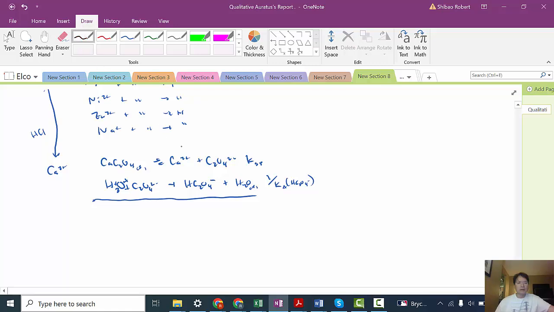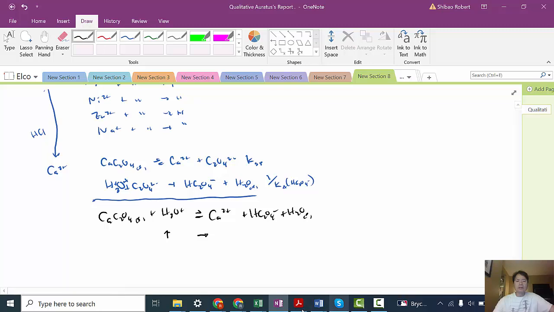Another way we can think of this is the combined equation. In the combined equation, the oxalate cancels out. And therefore, if we increase the acid, it's going to shift the net equilibrium to the right.